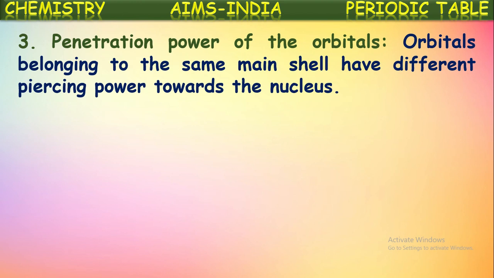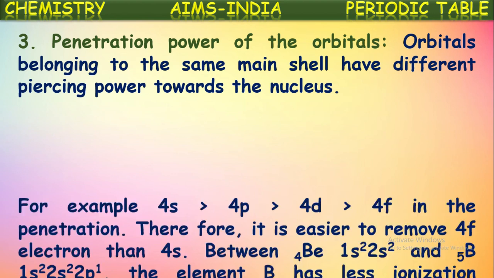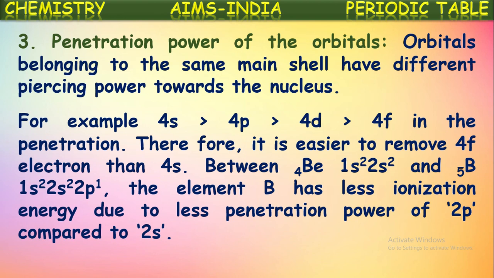Orbitals belonging to the same main shell have different penetrating power towards the nucleus. Generally in any shell, the s orbital has more penetrating power than the p subshell. So p orbitals have greater penetrating power than d orbitals, and d orbitals have greater penetrating power than f orbitals.